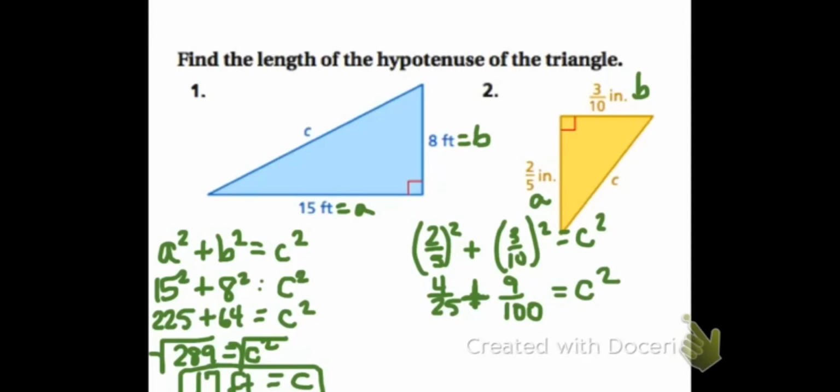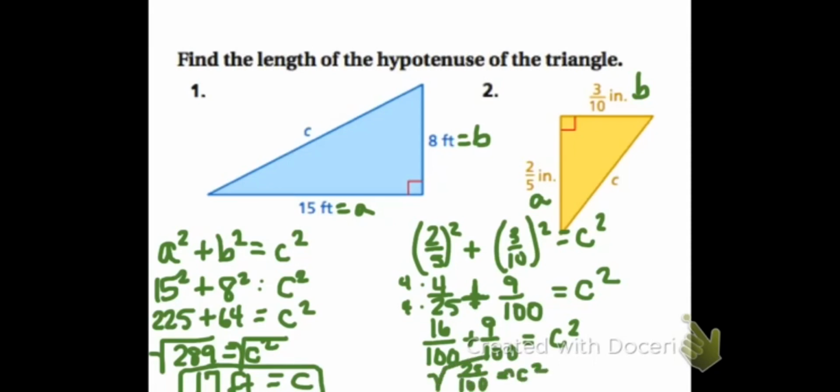To add fractions, we must have a common denominator, and we can easily multiply the first numerator by 4 and denominator by 4 and rewrite this to be 16 over 100, an equivalent fraction. 16 over 100 plus 9 over 100 equals c squared. 16 plus 9 is 25. So 25 over 100 is equal to c squared.